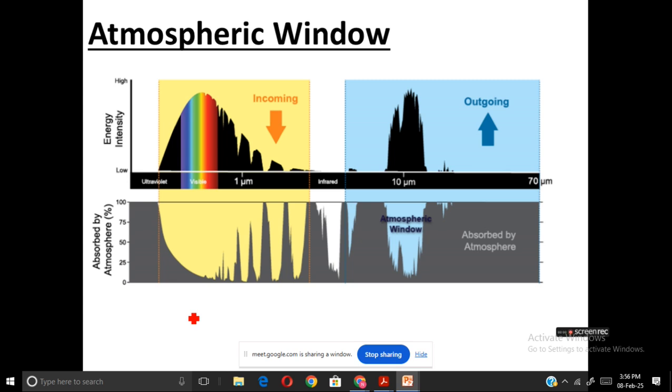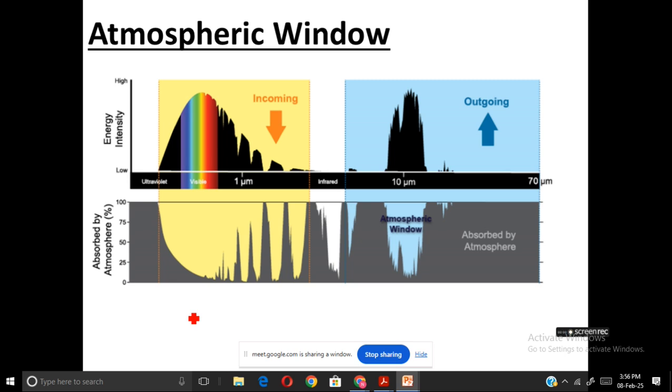So the places where the energy passes through are called atmospheric windows. The region of the electromagnetic spectrum where the atmosphere is transparent is basically known as the atmospheric window. And these regions are used to peer into the atmosphere.